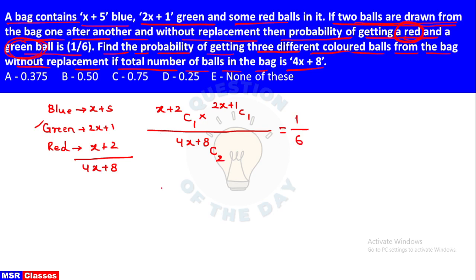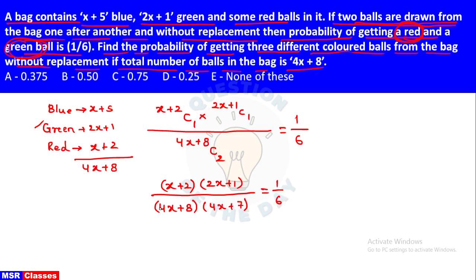Right? x plus 2 into 2x plus 1, and the total is 4x plus 8 into 4x plus 7. That is 1 by 6.